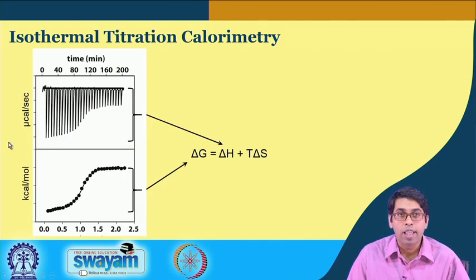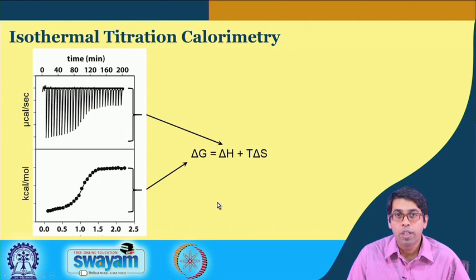That can be plotted something like this. This is a typical ITC experimental data, and if we integrate the area under each peak and plot them, we will get something like this. And there are again standard equations, so we can fit this to get the binding constant.